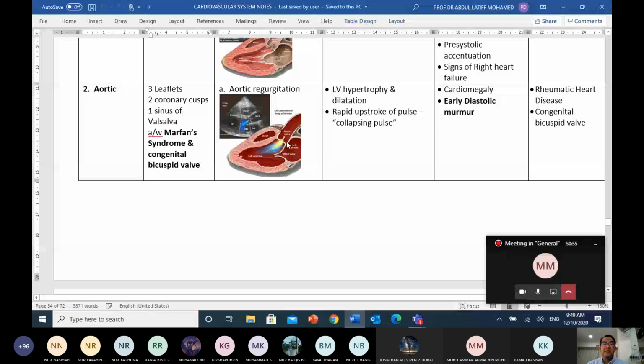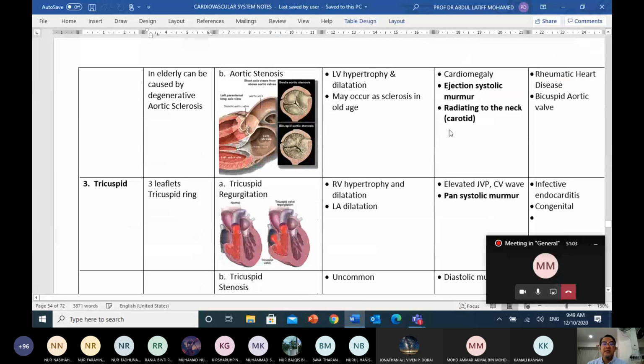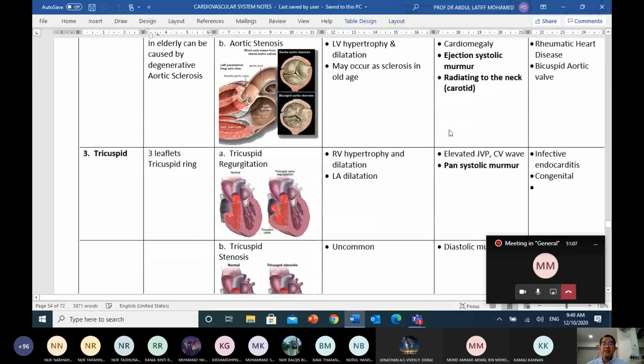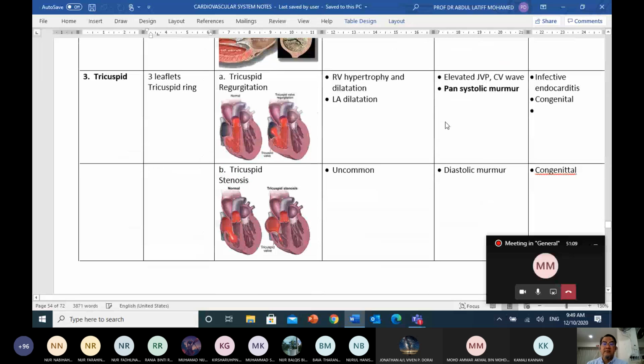There is regurgitation of blood into the ventricle, and the left ventricle is damaged. There will be murmur also. Different murmurs for different valve disease. Okay. So that's about it for the valvular heart disease.